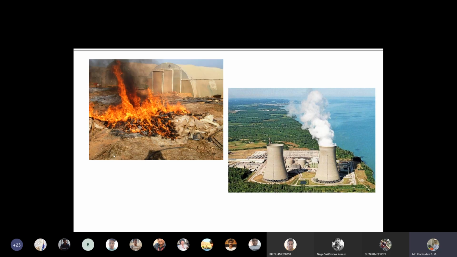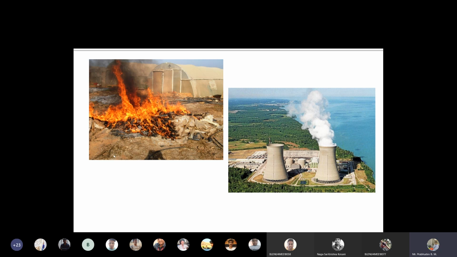Coming to the left side, that is agricultural waste or biomass energy. What is biomass energy? Firstly, much of the agricultural waste that is produced is burnt freely without extracting any energy from it.